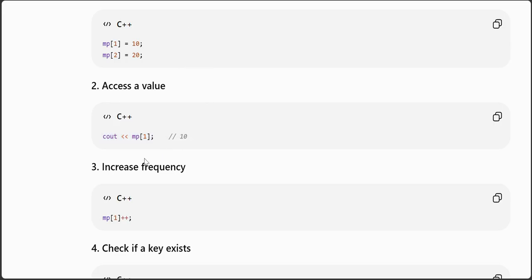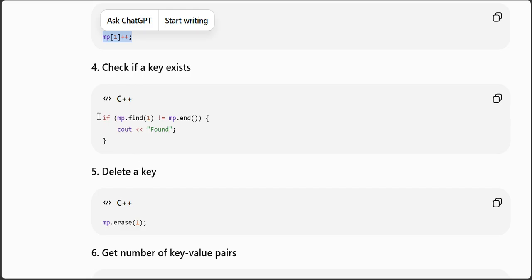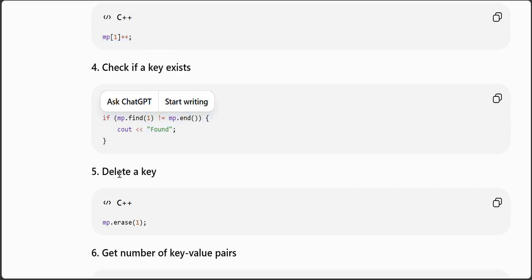Or as in the previous example, if you want to know the marks of Shreya, you can simply write mp, and in brackets you write Shreya. And for increasing frequency, you do this. To check if a key exists, this is the code: mp.find(1) not equal to mp.end(), where 1 is the key here.